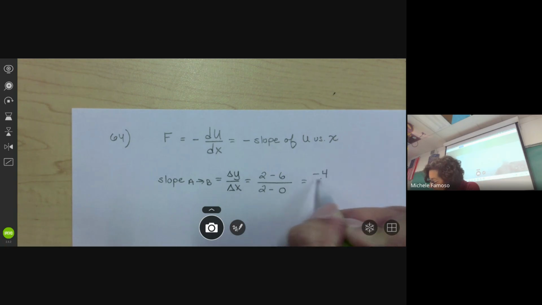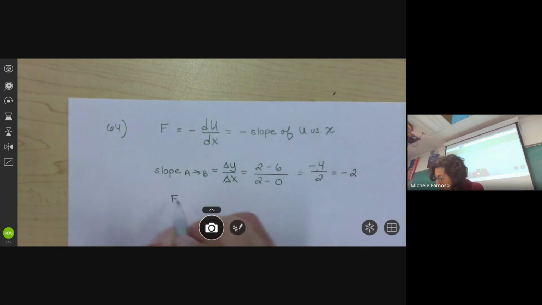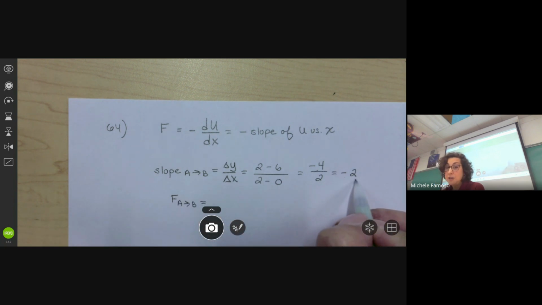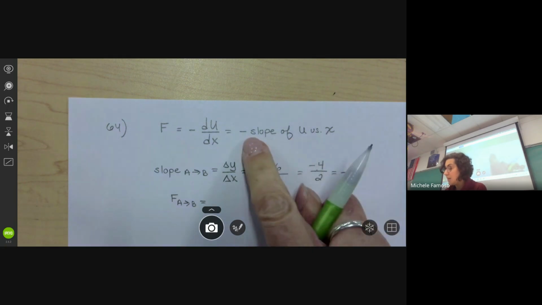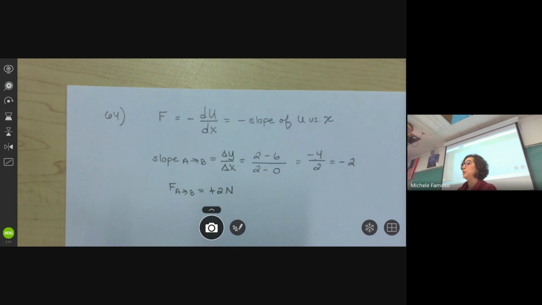So that is negative 4 over 2. So the slope is negative 2, which means that the force from A to B is not negative 2. It's got to be the negative of that. So it is a constant value of positive 2 newtons. It's not changing anywhere between there. It's got to be a positive 2 newtons.